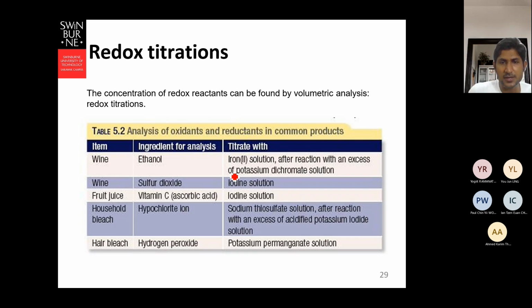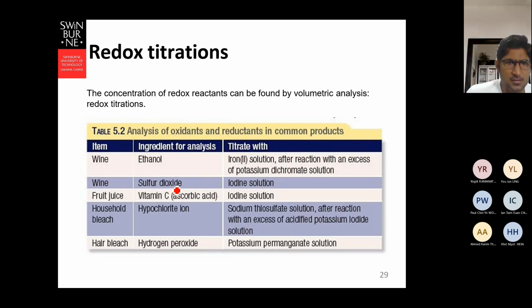So scientists in those industries need to do quality control of the alcohol for the alcoholic drinks, the hard drinks, from time to time. How do they do that?